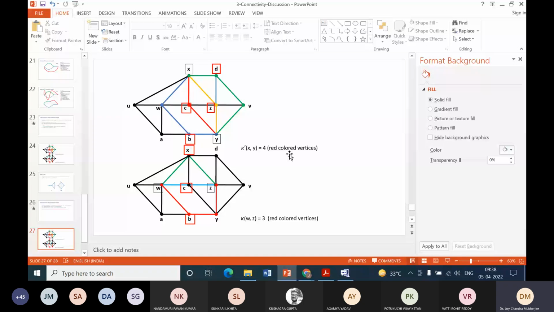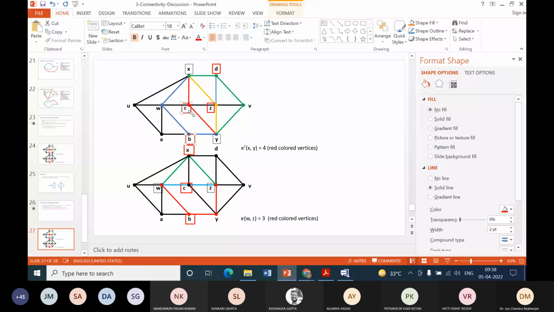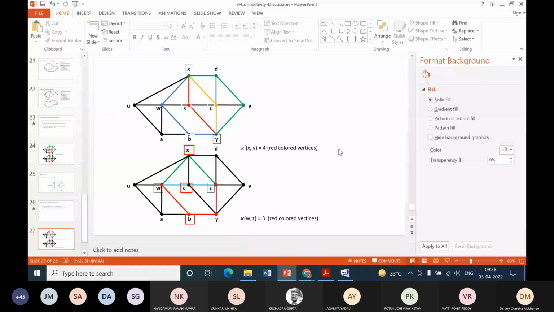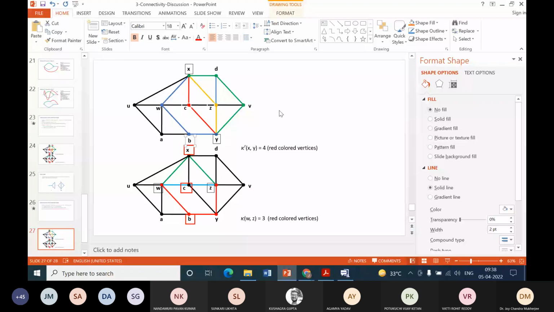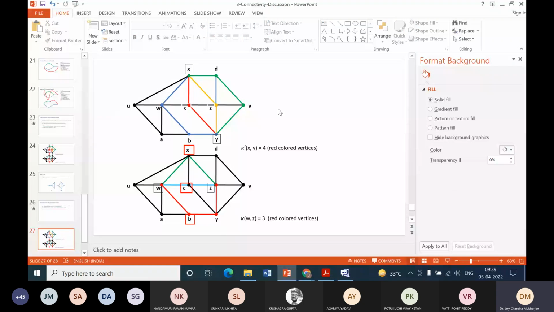So what are the edges that I may delete?